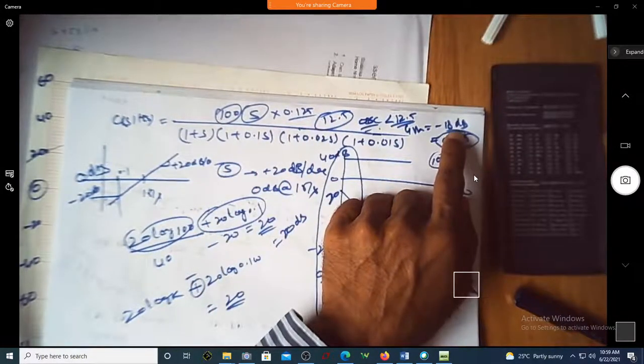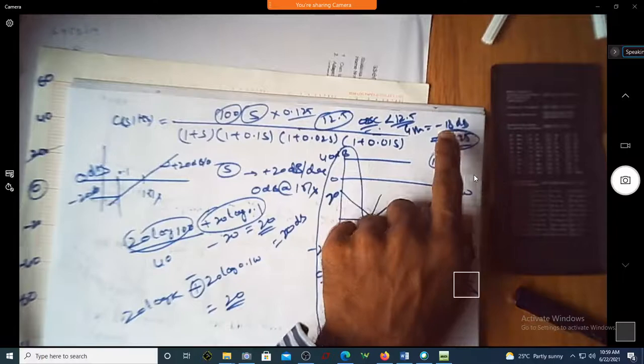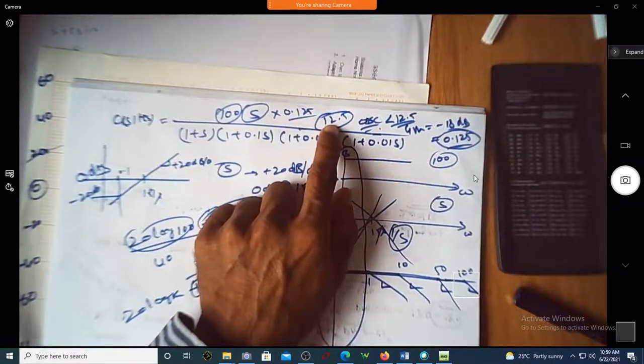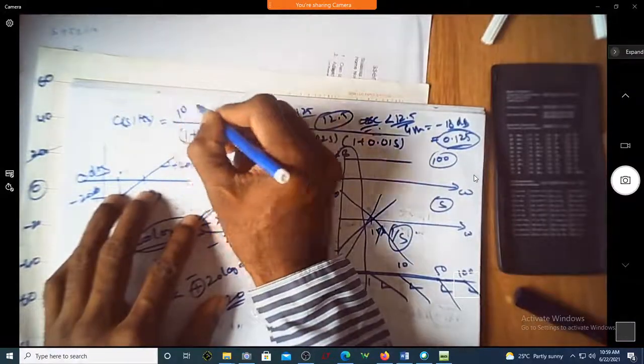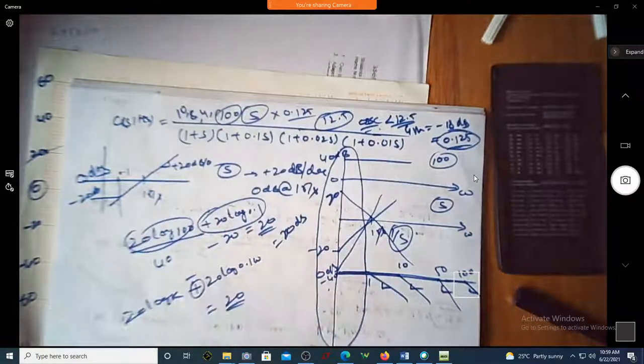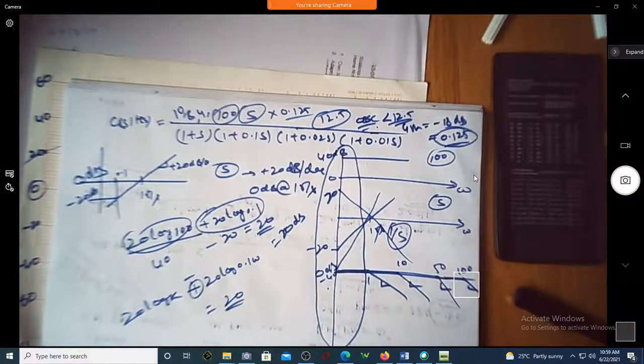It is 0 dB. Yes, so 0 dB. When it becomes 0 dB, system is oscillatory. How do you make it positive? Make sure that this is less than 12.5. A gain of 10, 8, 4 will make the system stable, because then the gain margin becomes positive. That you can verify also.